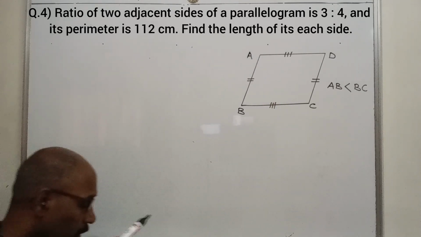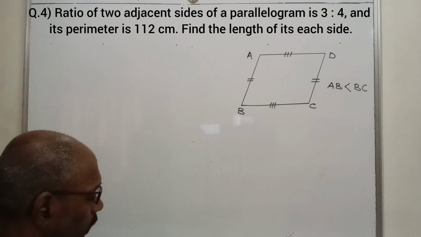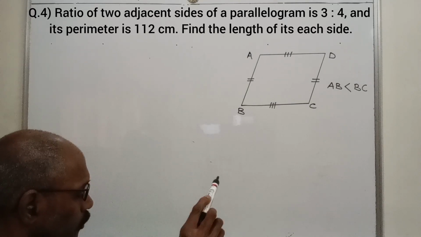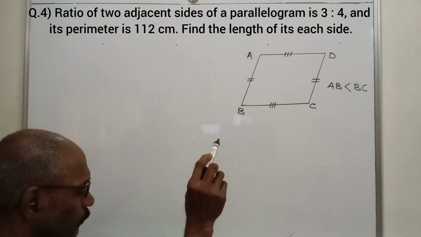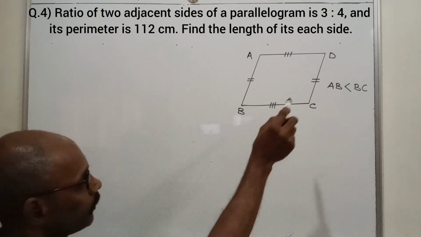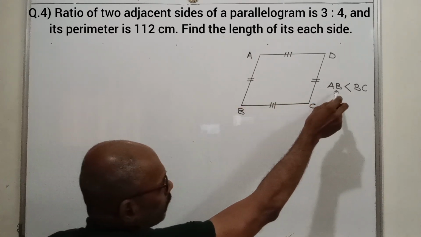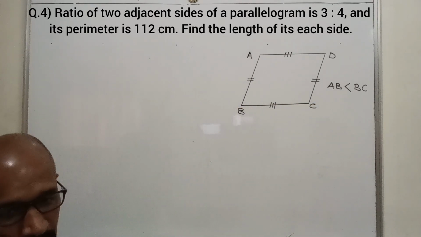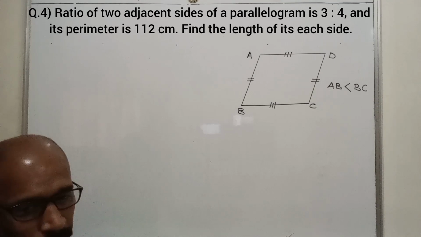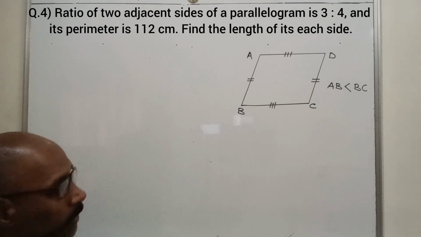Now see this. We have given the ratio of adjacent sides of a parallelogram is 3:4. Now here AB is smaller than BC, or AB is less than BC. Did you get it?